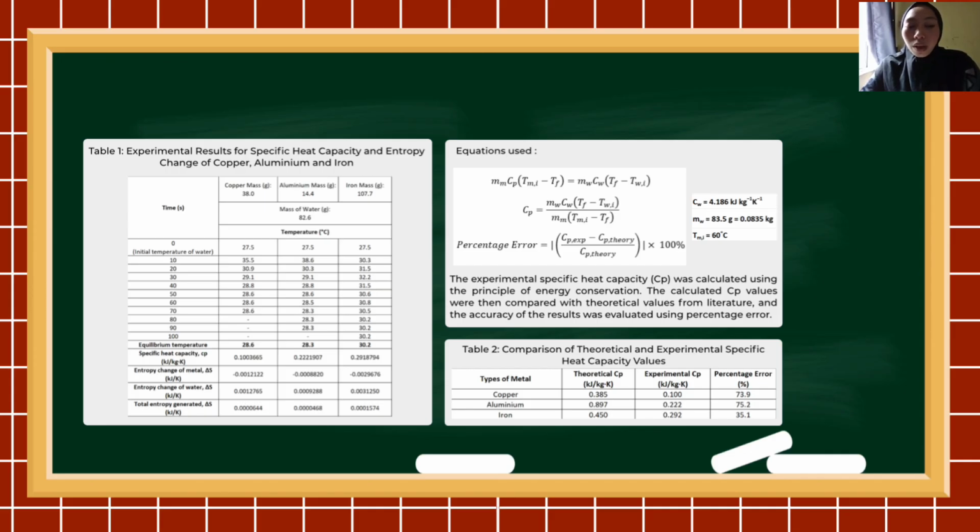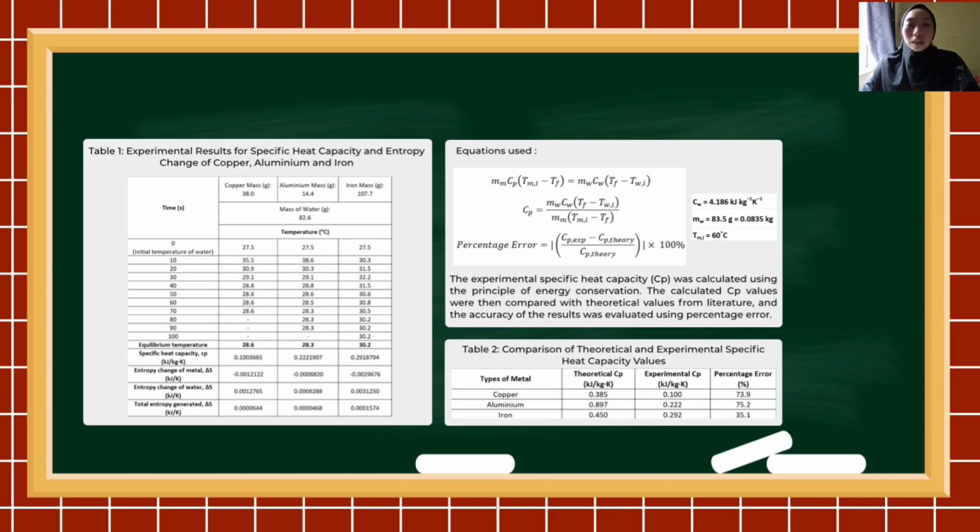As for the Cp, we want to get Cp for metal, so it is mass of water times Cp of water times Tf minus Tw initial, over mass of metal times temperature metal initial minus T final. And for percentage error, we get 73.9 for copper, aluminium 75.2, and iron 35.1.